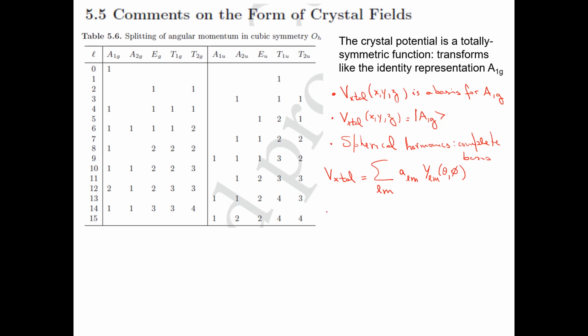So we know that, on the other hand, I can write any spherical harmonic as a linear combination for all representations gamma_j and all partners k with some proper coefficients.